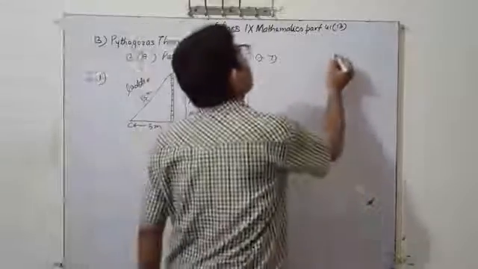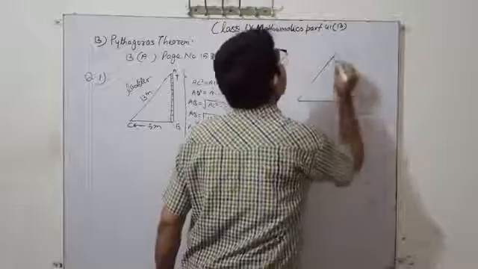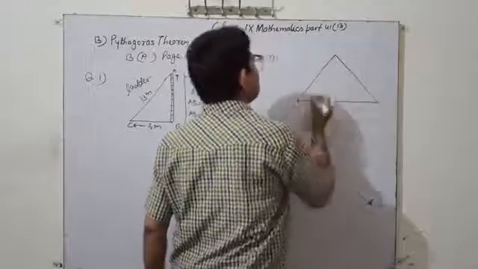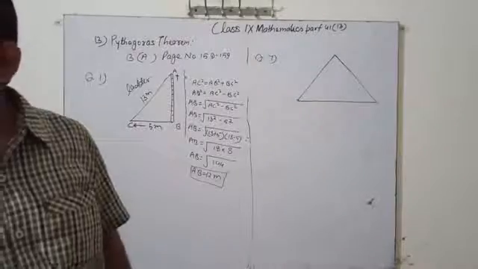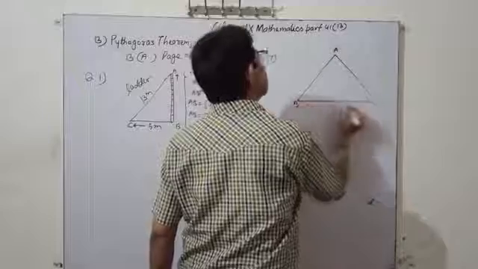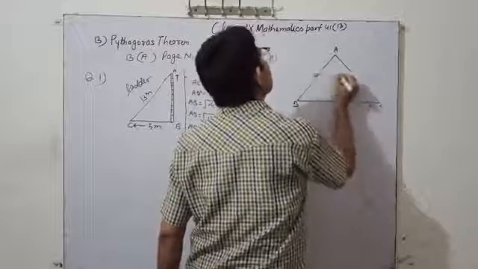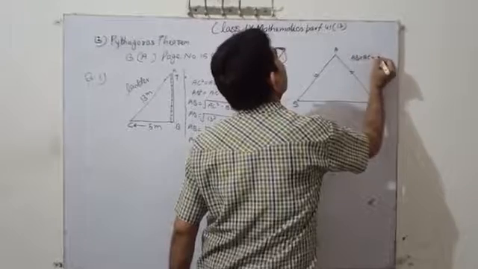Means here given triangle ABC, AB equal AC. This is A, B, C. AB equal to AC given, that is x each.